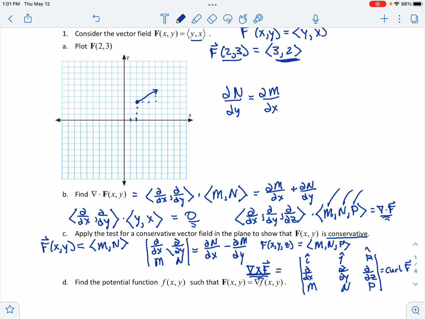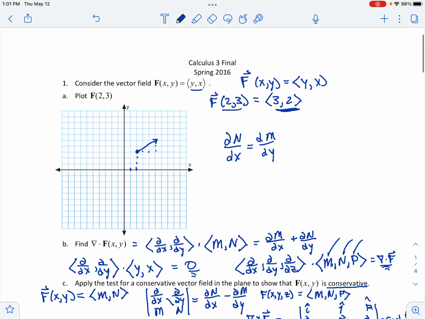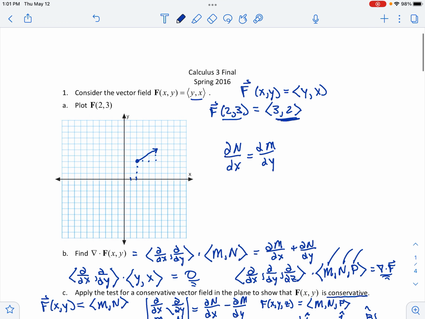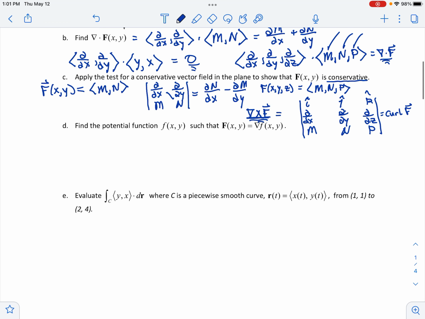Well, actually, I got that backwards, didn't I? The partial of n with respect to x is equal to the partial of m with respect to y. And both of those are equal to, the partial of n with respect to x is 1, and the partial of m with respect to y is 1. So 1 equals 1. So that's a conservative vector field.